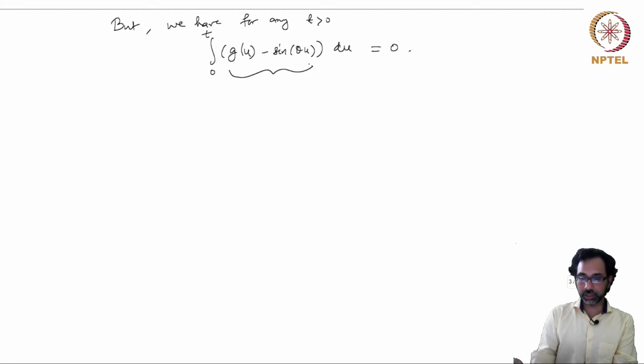So these kinds of functions whose integral from 0 to t is equal to 0 are an example of a so-called null function.